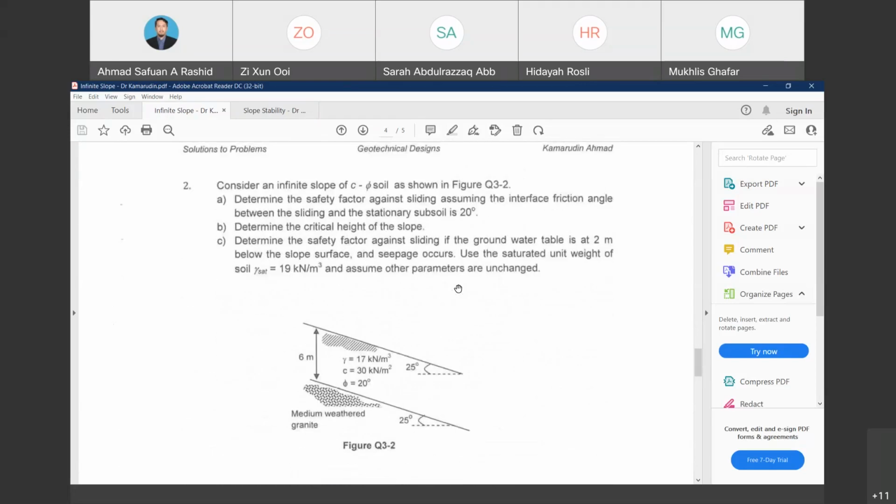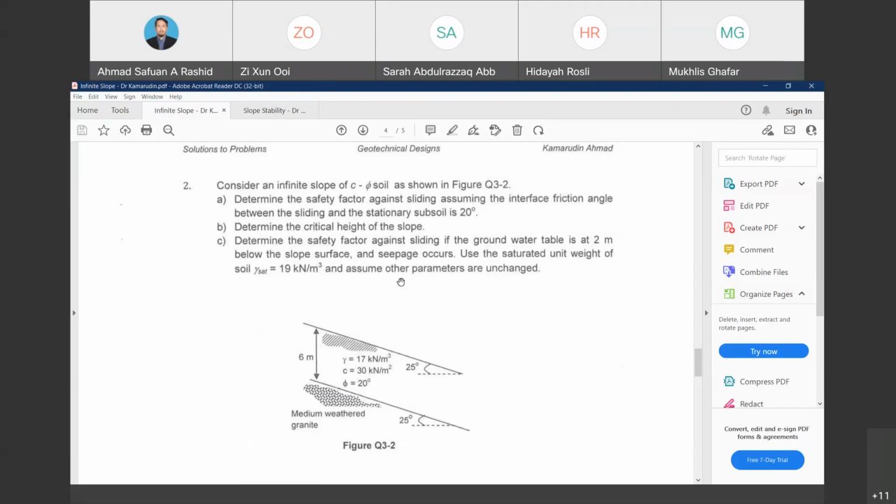Now we move to the last example. Determine the safety factor against sliding, assuming the interface friction angle between the sliding and the stationary subsoil is 20. This is the phi value.